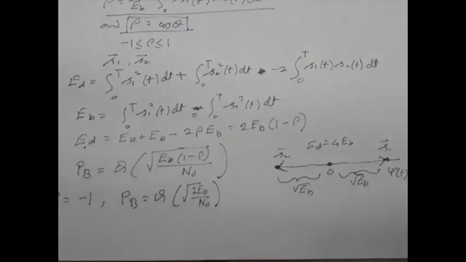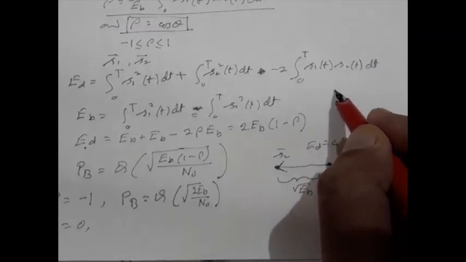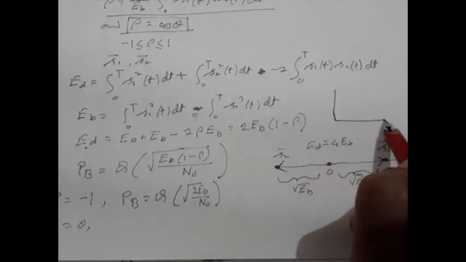Now if we consider another case where rho equals 0, corresponding to 0 correlation between S1 and S2. If we represent S1(t) and S2(t) in terms of vectors, then for this case the angle between the S1 and S2 vectors is 90 degrees. That means it is something like this.